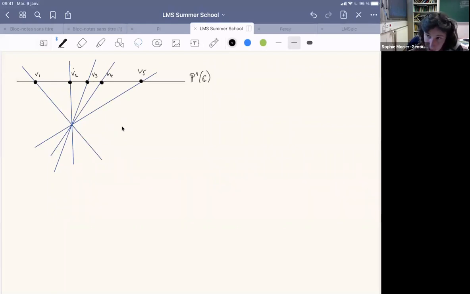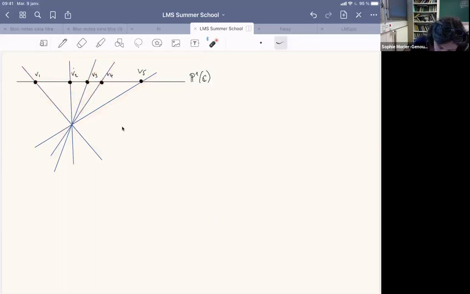And I'm going to talk about frieze over C. So here you can choose R or C, real numbers or complex numbers, but this time not necessarily positive. What we have here is a choice of 5 points on the projective line, which is the same as 5 lines in the plane.